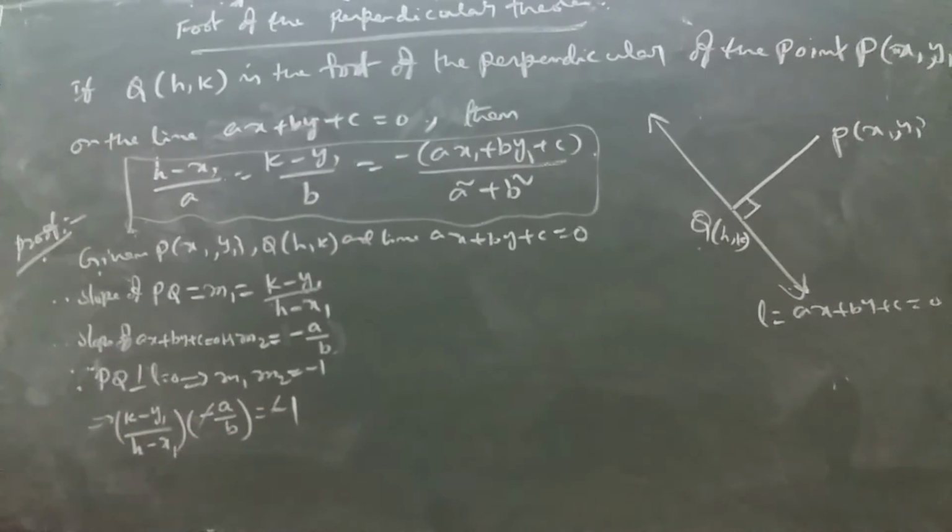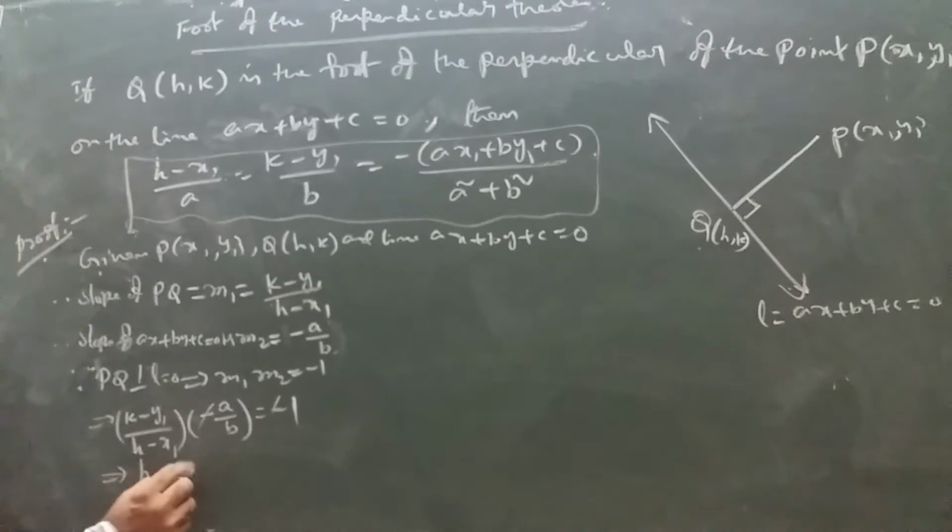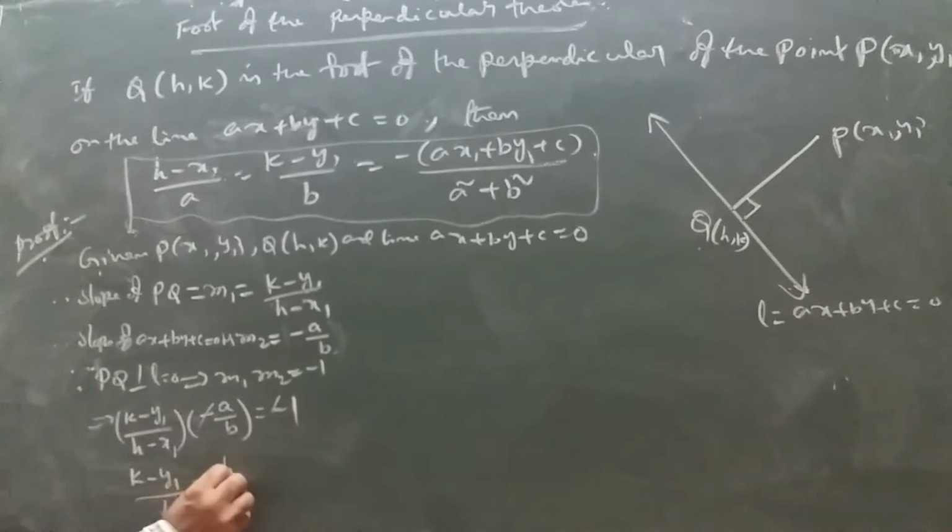By rearranging these terms, (k - y1)/b = (h - x1)/a.